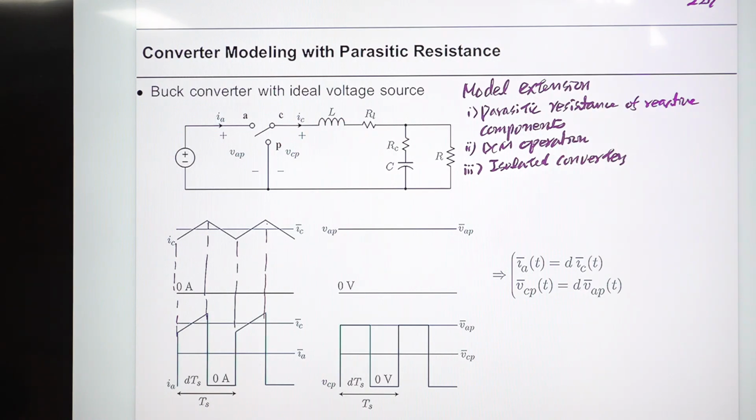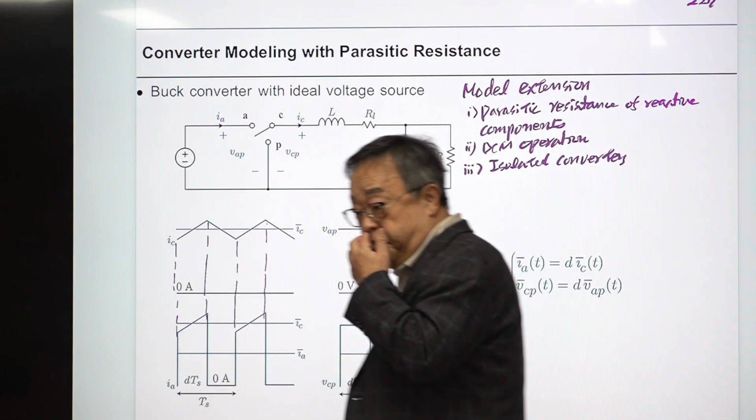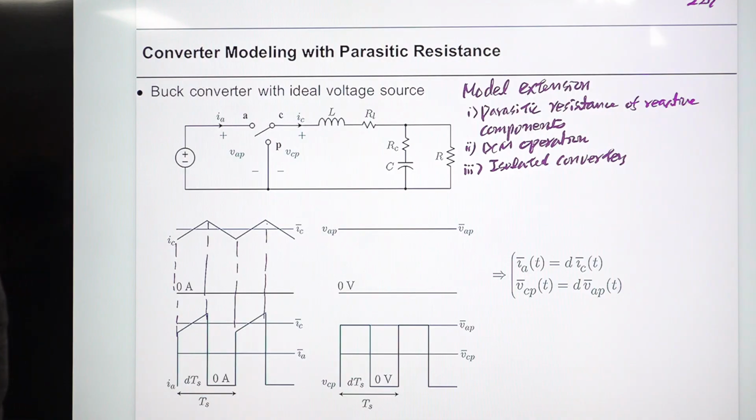And the final one is there are many variations of PWM converter with transformer insertion. Okay? So isolated PWM converters. So how to extend these basic models to these 3 different cases is very important. Okay? Those things are completely covered in my book.